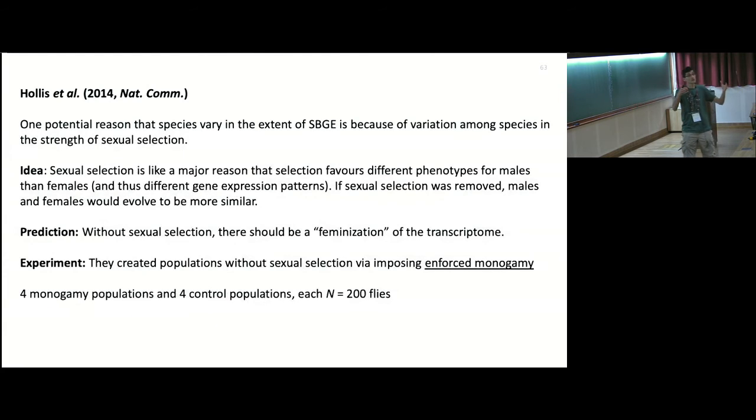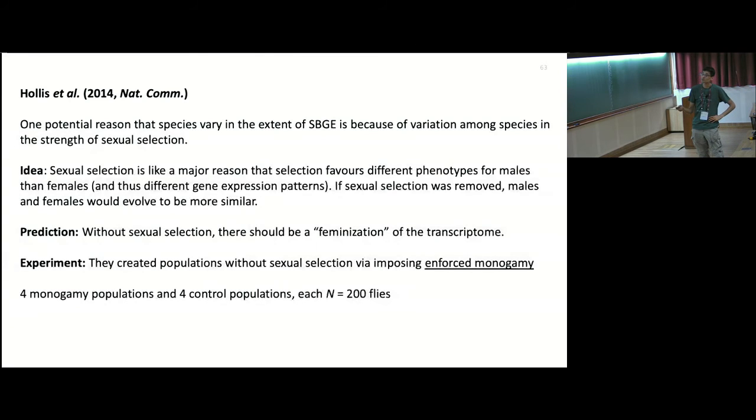So each generation, rather than letting flies mate and interact and allowing sexual selection to occur, they pair off males and females so that males cannot vary in the number of mates they get. They get one female, so you massively reduce, if not completely eliminate, the opportunity for sexual selection to occur. It's a lot of work to maintain a fly population like this.